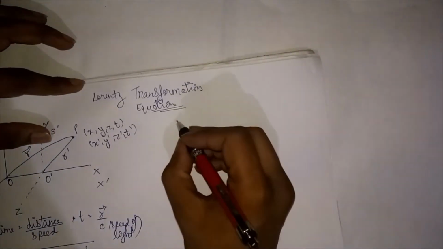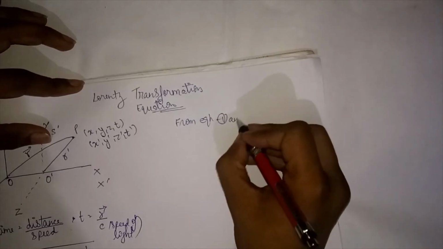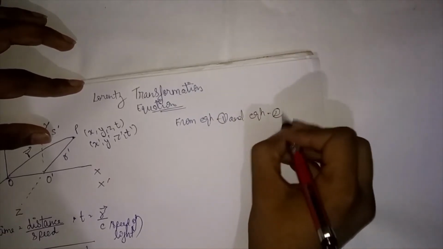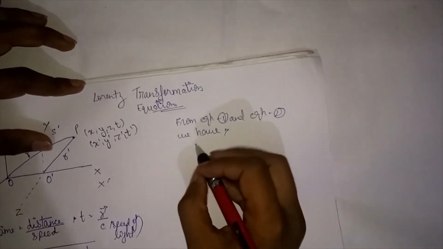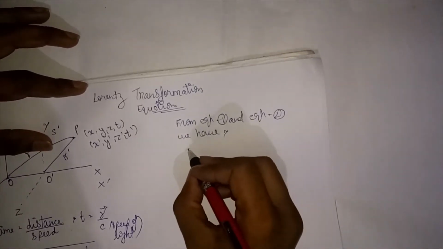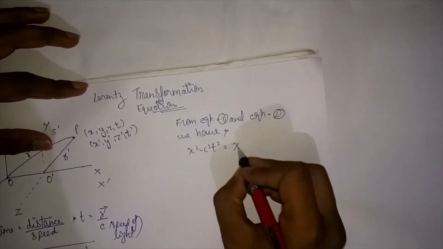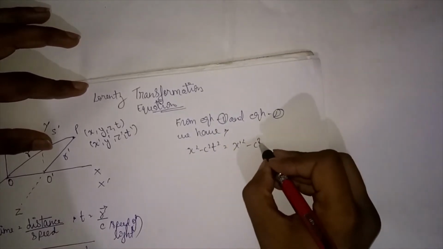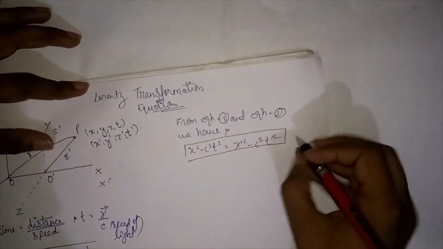From equation 1 and equation 2, we have x square minus c square t square equals x dash square minus c square t dash square, and this is our equation number 3.